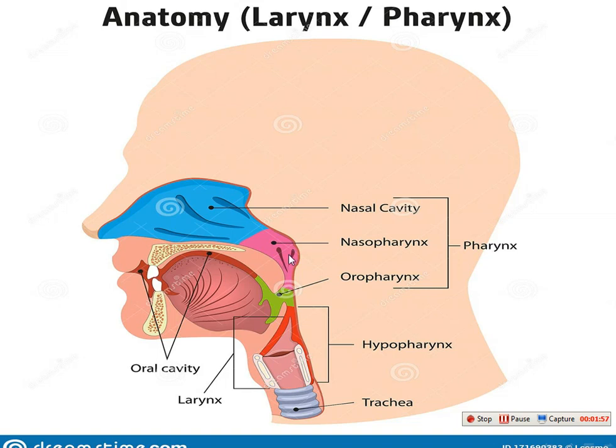The pharynx is a muscular tube, like a funnel. The other region faces the oral cavity, and we call it the oropharynx. The third region is the hypopharynx, or laryngopharynx. The upper part serves respiration, and the lower part serves deglutition, or swallowing of food.